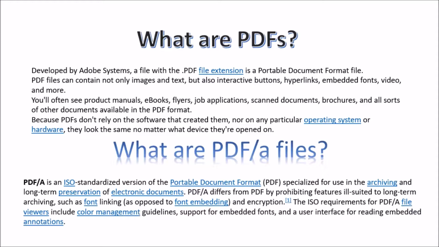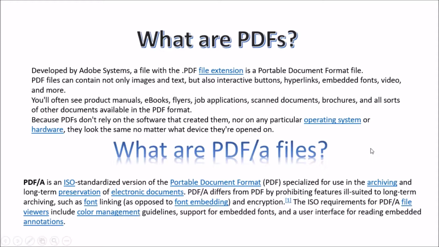And so you'll often see product manuals, ebook flyers, scanned documents, brochures, all sorts of documents created in PDF format. But because PDFs don't rely on the software that created them, nor on any particular operating system or hardware, they look basically the same no matter what device they're opened on.